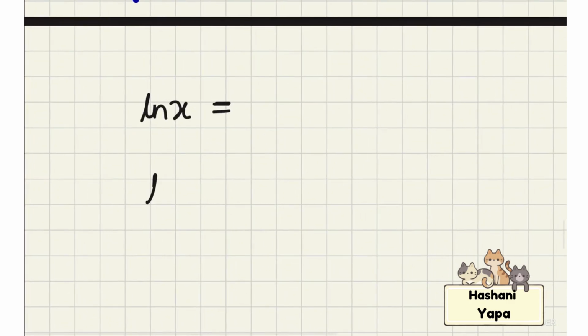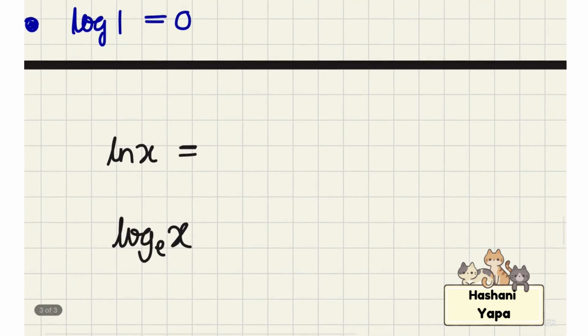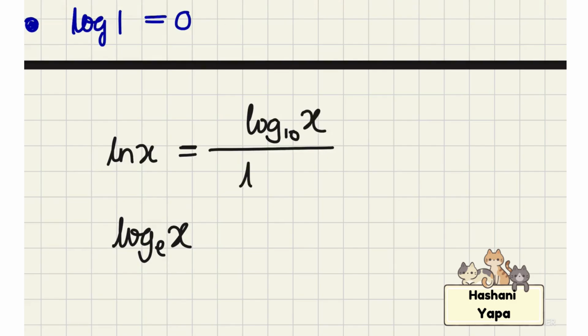This is the same as log_e x, right? So how can we write this? We can write this as log_10 x over log_10 e. So we can write it like that.